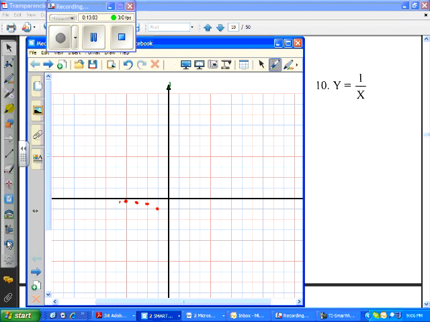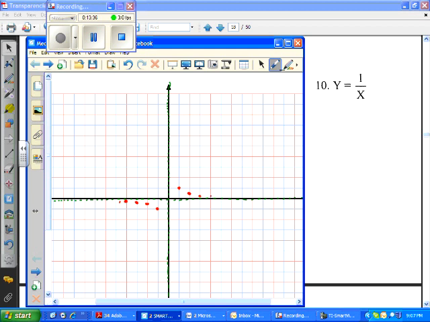0 was undefined, which tells us that that curve is approaching the y-axis and never hitting it. It's called an asymptote. We can see that this other part is approaching the x-axis and never hitting it, so it's another asymptote. When we plugged in a positive 1, we got a positive 1. When we plugged in a positive 2, we got a half. When we plugged in a positive 3, we got a third.